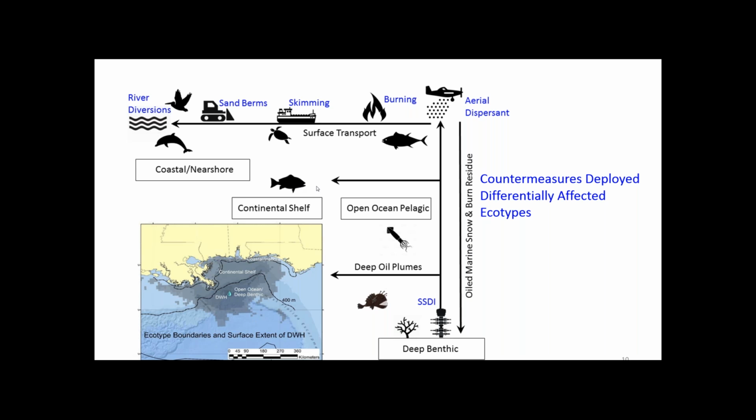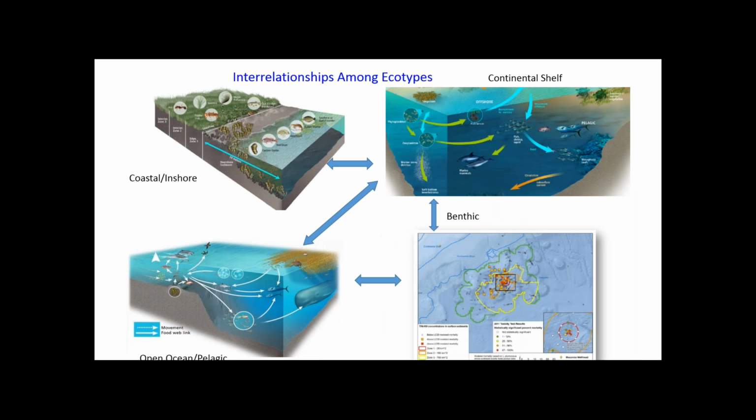So lots of really interesting interactions between not only the oil spill but the countermeasures that were used. And so trying to understand these interrelationships between these 4 ecotypes is kind of fundamental to putting the picture together from an ecosystem perspective. And I've already explained this a little bit.